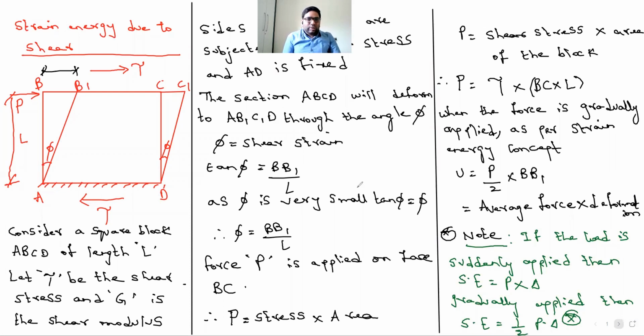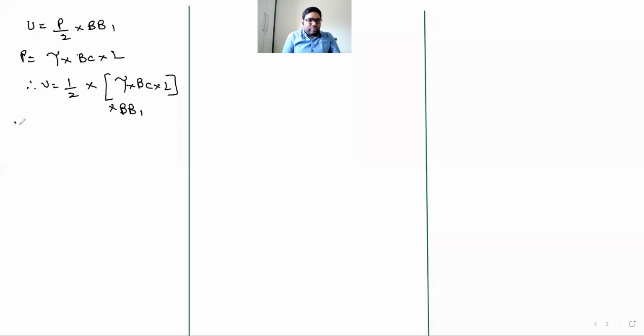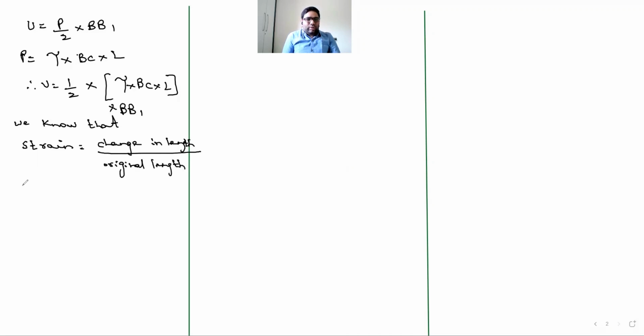We know that strain is equal to change in length by original length. Okay. So shear strain is equal to BB1, that's what it is deformed by, divided by L. And what is shear strain? So phi is equal to BB1 by L, and BB1 is equal to phi into L.